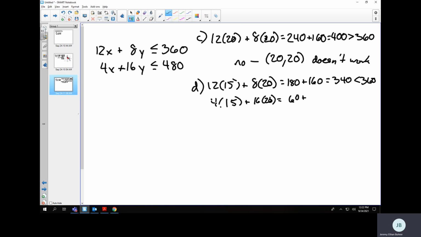Plus 16 times 20 is 320 for a total of 380 minutes, which is less than 480 minutes. So yes, because these numbers satisfy both of the inequalities, it works. We can make 15 of the standard wine racks and 20 of the deluxe wine racks with no trouble.